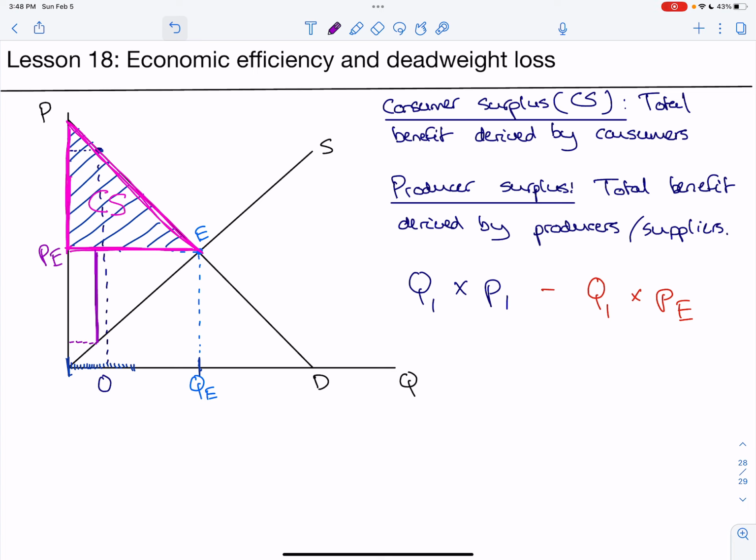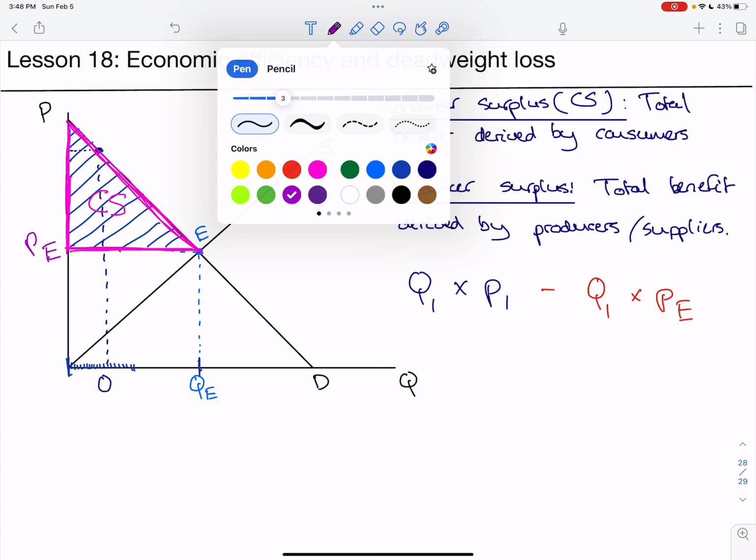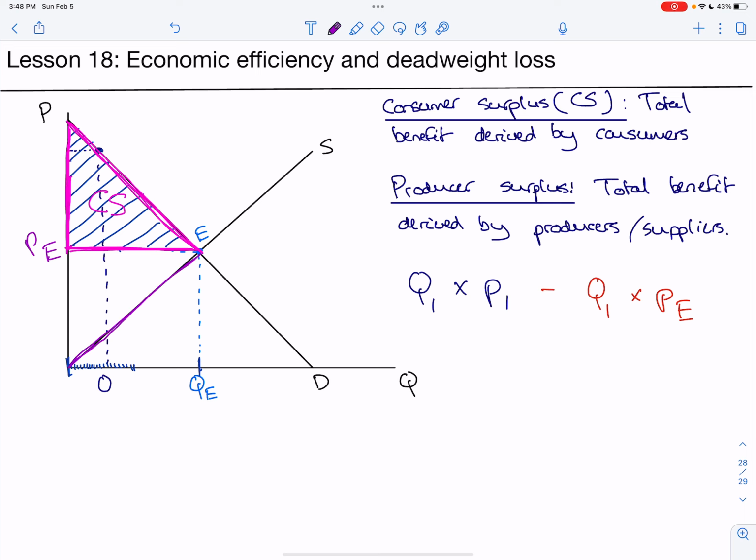Okay, so I get that this triangle on the bottom, which would be above the supply curve, to the left of the quantity exchanged line here, below the price line, and of course to the right of this axis, all of that gives me my producer surplus.